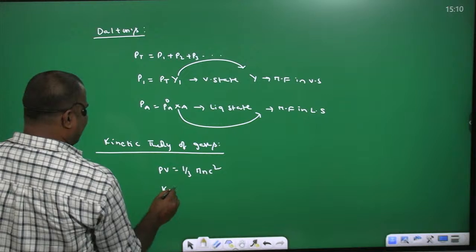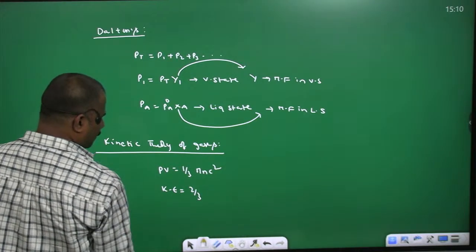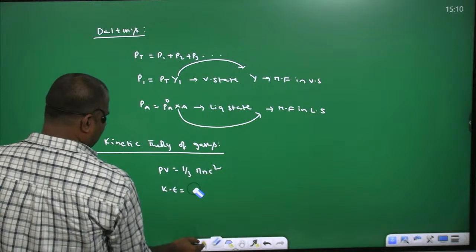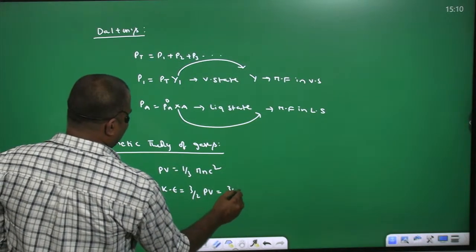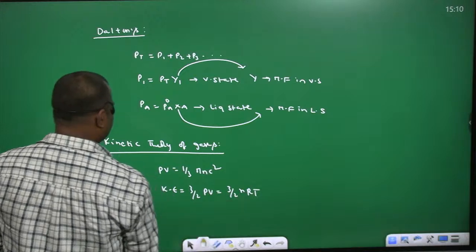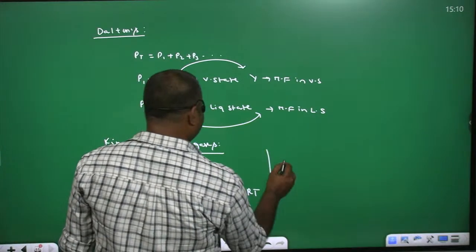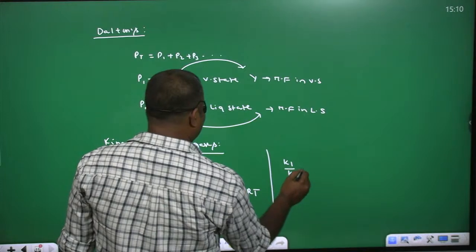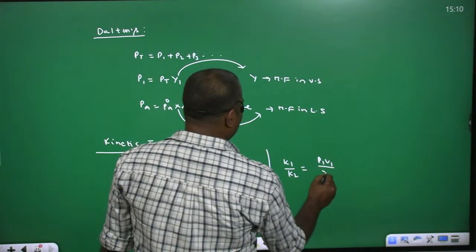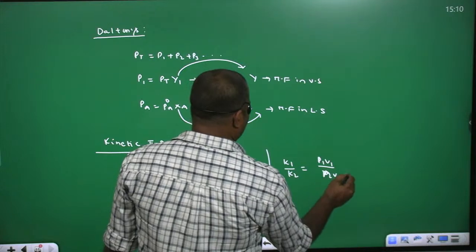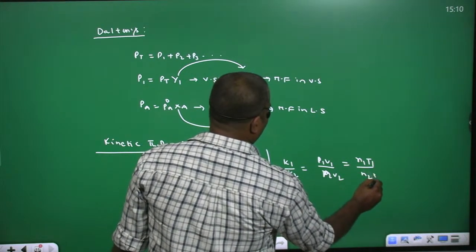Otherwise, you can write kinetic energy of a gas equal to 3 by 2 PV, that equal to 3 by 2 nRT. So from this you can write kinetic energy 1 by kinetic energy 2 equal to P1 V1 by P2 V2, otherwise N1 T1 by N2 T2.